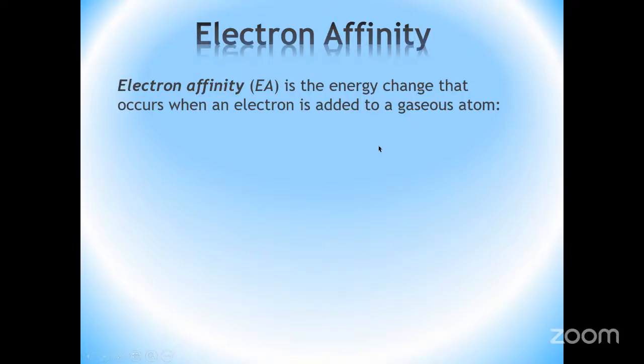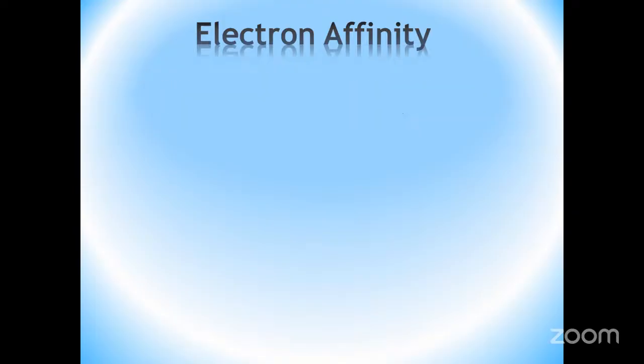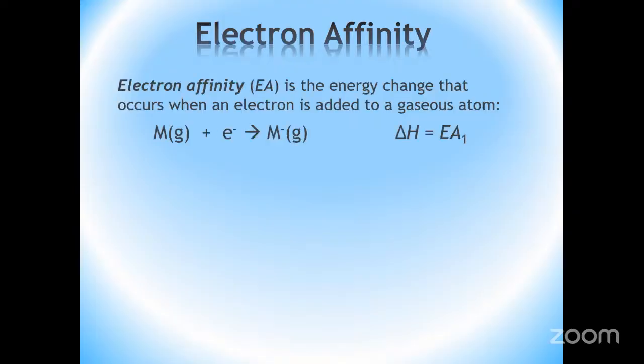This can be seen as the opposite of ionization energy, because if you remember, the definition of ionization energy is the energy required to remove an electron, right? In the case of electron affinity, it's the energy change when adding an electron to a gaseous atom. So in other words, if your atom is M, you add an electron and you get a negatively charged ion, or an anion.